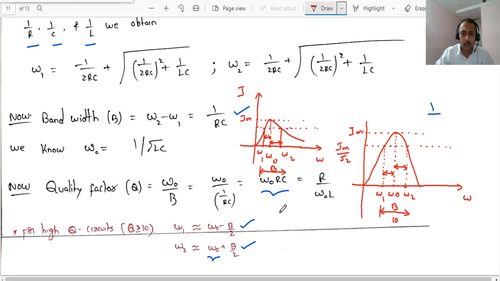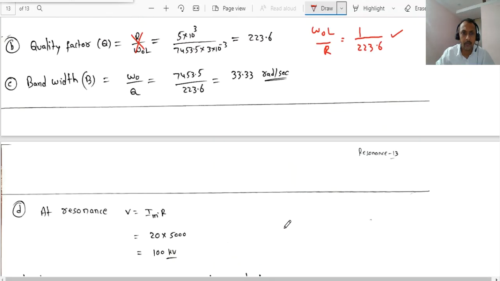Sorry, this is R by omega naught L only. That is for another circuit, R by omega naught L, and this is correct only.